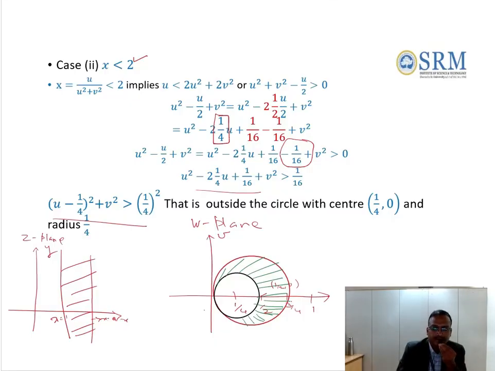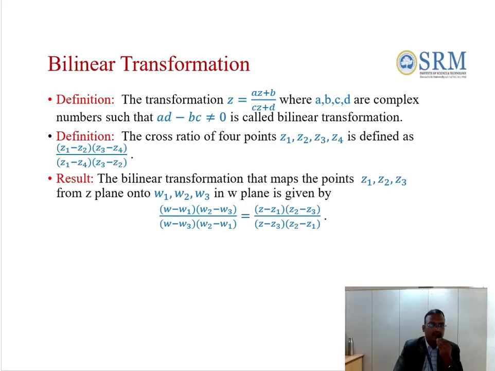Okay, then next let us see the bilinear transformation. Bilinear means it is linear with respect to both the variables, right? So the transformation w which is equal to a z plus b upon c z plus d, where a, b, c, d are complex numbers having the relation ad minus bc is not equal to 0, is called the bilinear transformation.